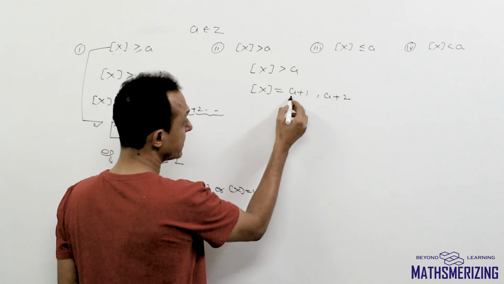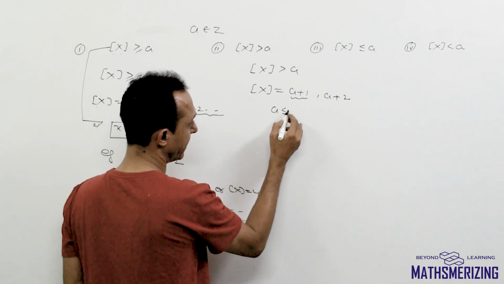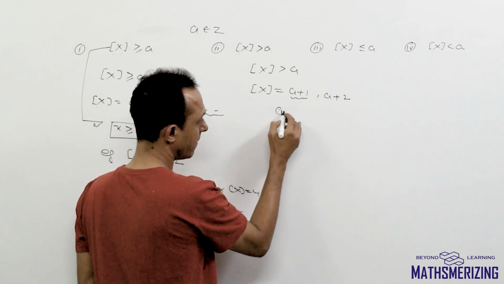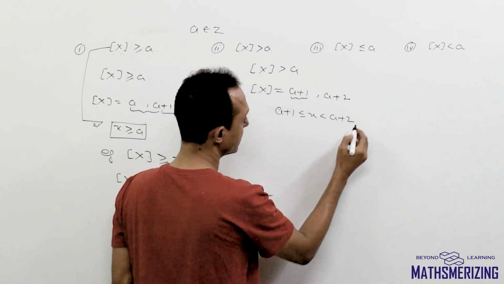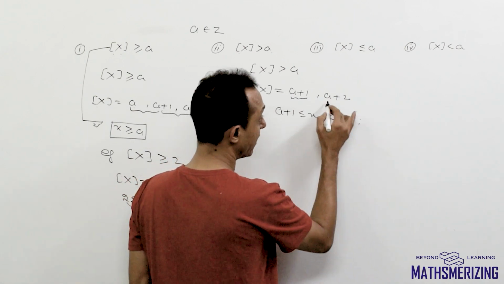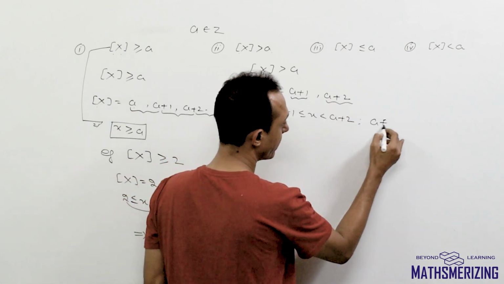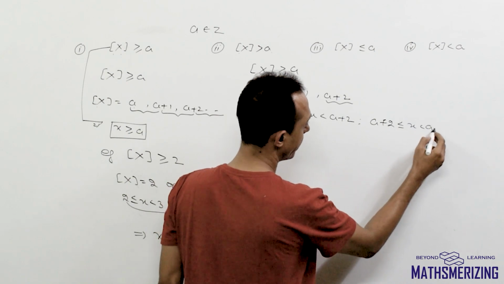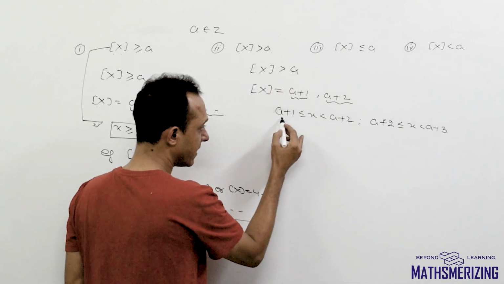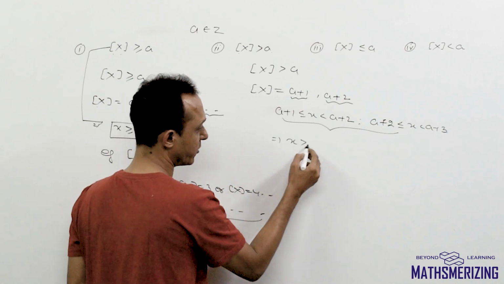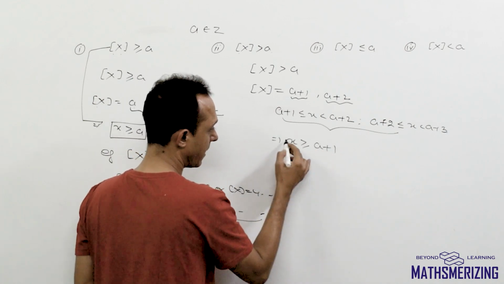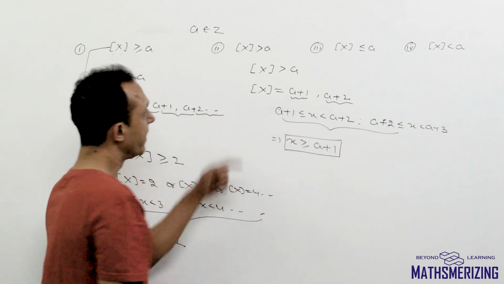Now this value is a plus 1 when x lies between a plus 1 and a plus 2. It will be a plus 2 when it lies between a plus 2 and a plus 3. So its value should always be greater than or equal to a plus 1. So in this case, the answer will be x should be greater than or equal to a plus 1. So that's your direct result.